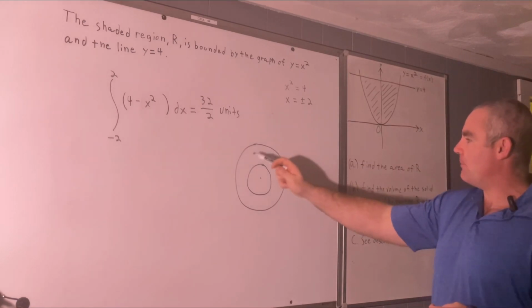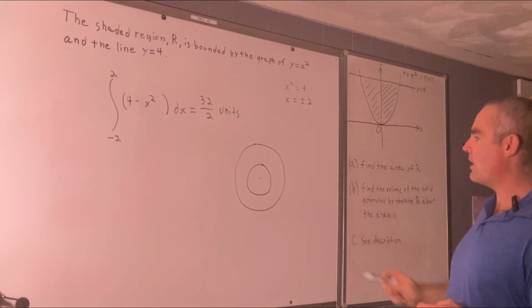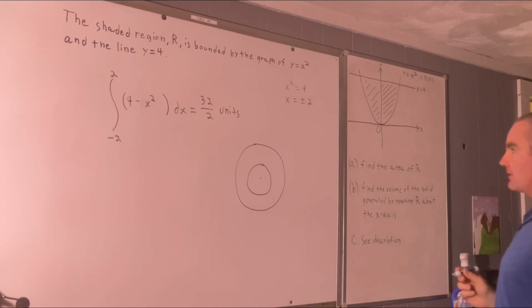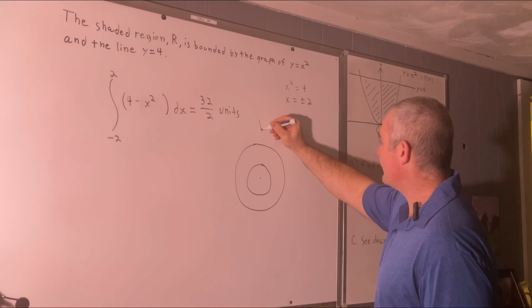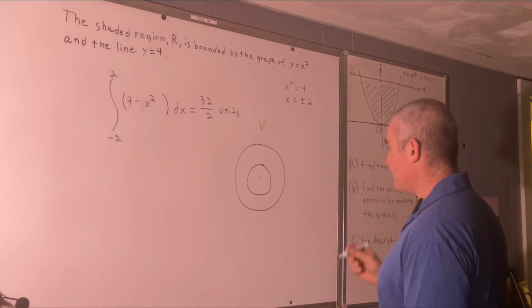So we're adding up a bunch of these washers. What is the volume of a washer? The volume of a washer can be given by this. Oh no, my pen's running out.